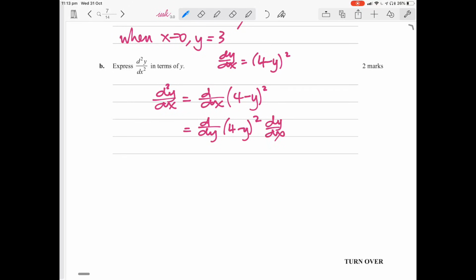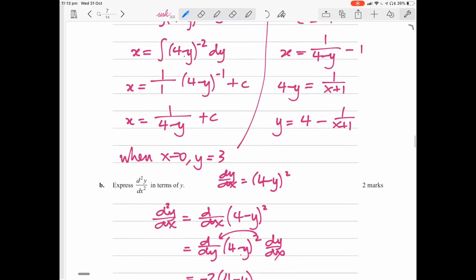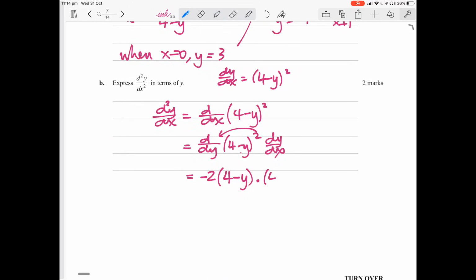If we differentiate this, we end up with negative 2 times (4 minus y), because 2 comes down the front multiplied by the derivative of the bracket, which is negative 1, and then times dy/dx, which is (4 minus y) squared.